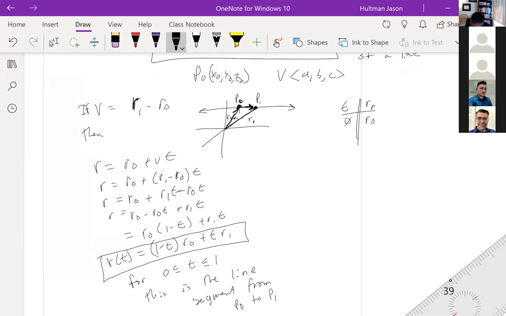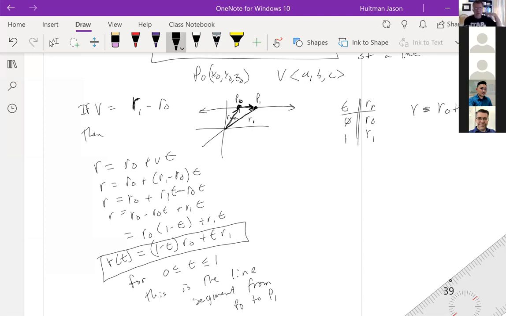Does that make sense? That r would be equal to r naught when t is 0. Well, yeah, it would make sense, right? You just plug in 0. If t is 0, then you just get r naught. Well, what about if t is 1? What are you going to get? You're going to get r naught plus v, or r sub 1. So you're going to get 1 unit out for v.